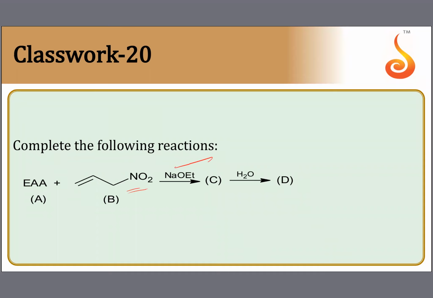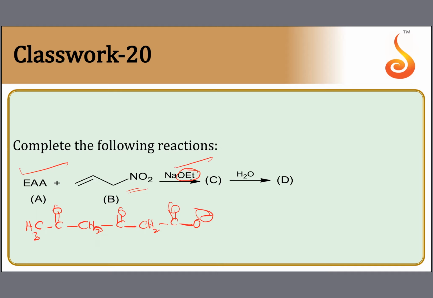So I will give a hint: ethoxide is a base, no? Base can take the acidic hydrogen of ethyl acetoacetate.